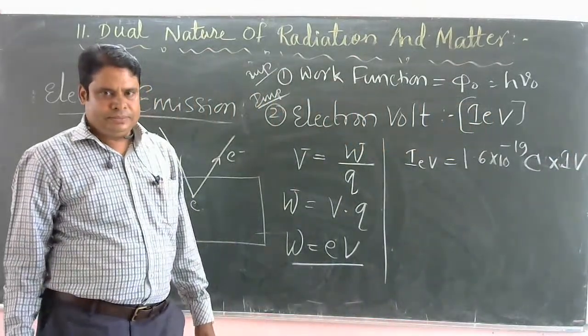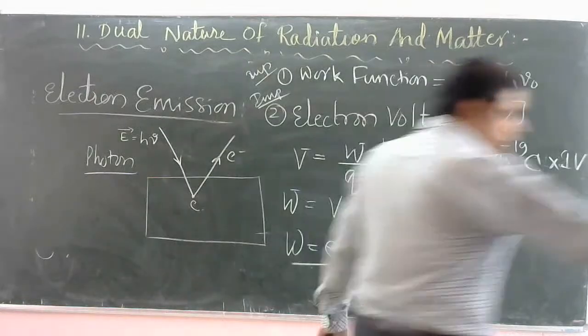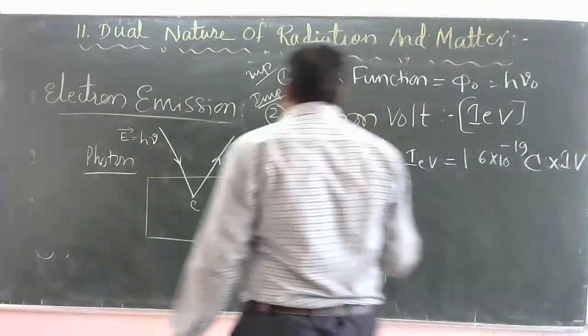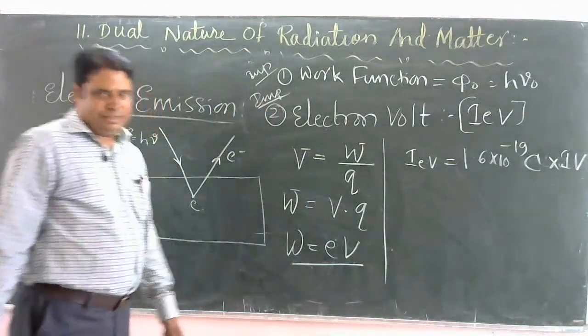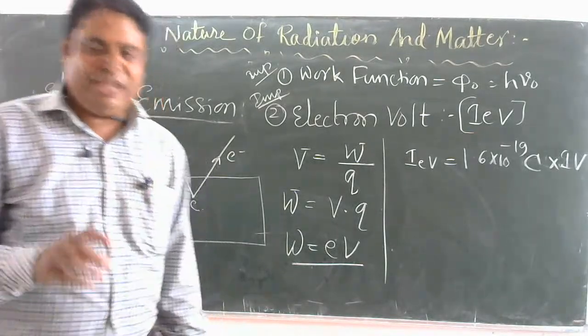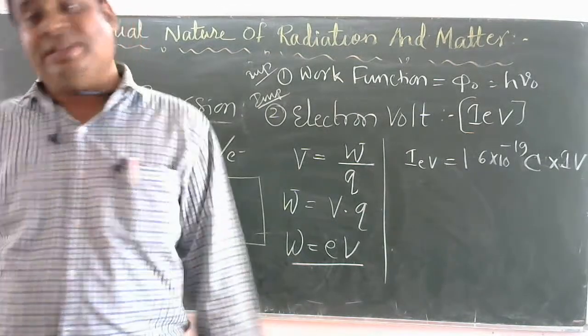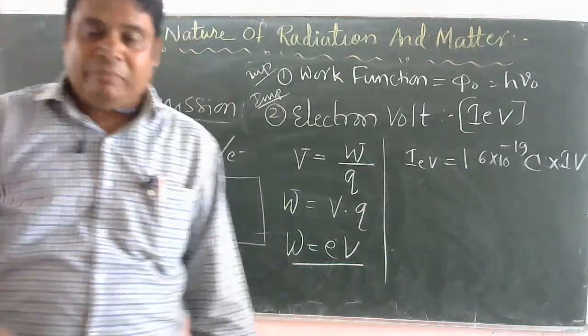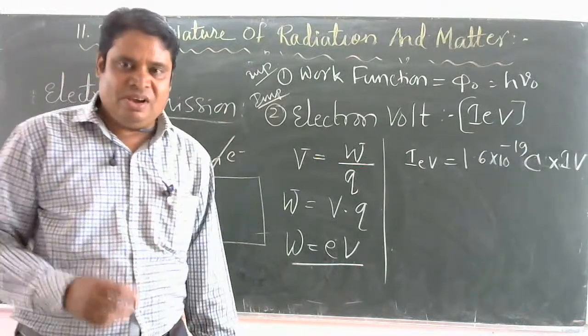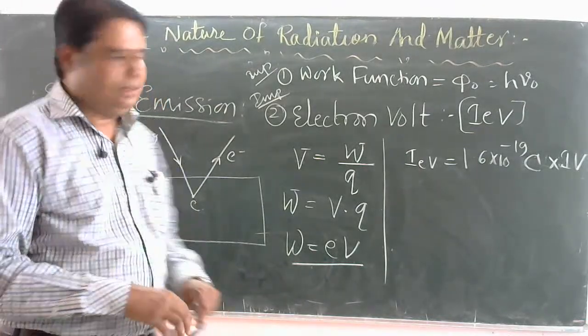Electron volt is the energy gained by an electron when it is accelerated by applying a potential difference of 1 volt.